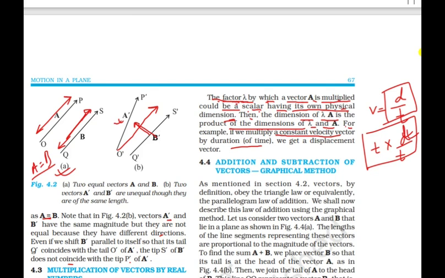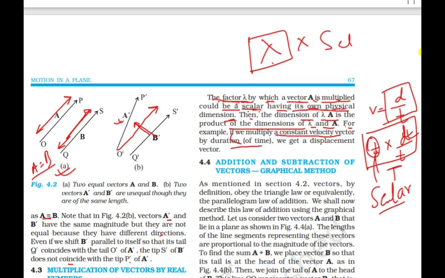Got it? If I multiply with a scalar quantity, time is a scalar quantity, the factor lambda by which a vector A is multiplied could be a scalar. See, t is a scalar quantity, right? Time is a scalar quantity having its own physical dimension. That means lambda can have a value as well as a dimension.